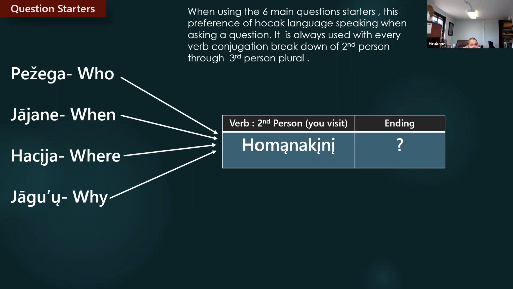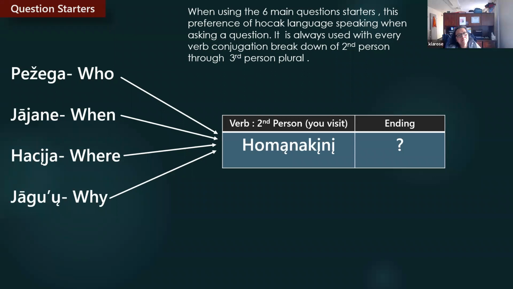Jajane homa nakini. Correct. And another one, how do we say, where did you visit? Hachinja homana kini. Correct.